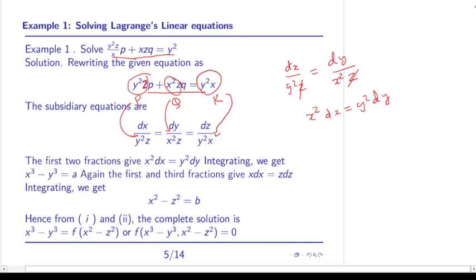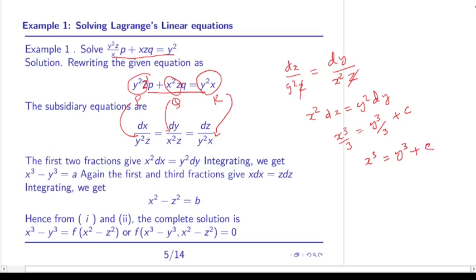Okay, so you can integrate this, and you get x cube by 3 equal to y cube by 3 plus a constant c. Or you can multiply all this by 3, you get x cube equal to y cube plus 3c.